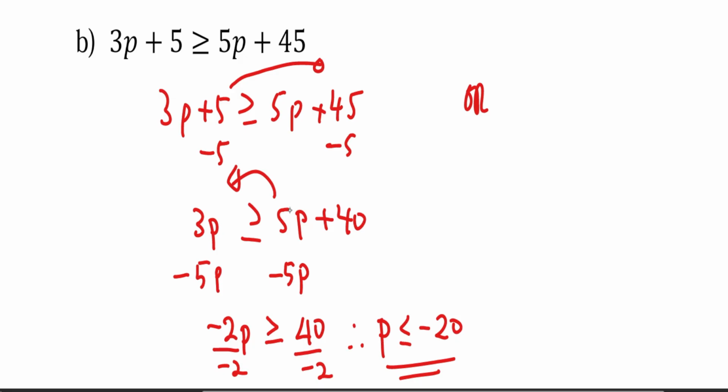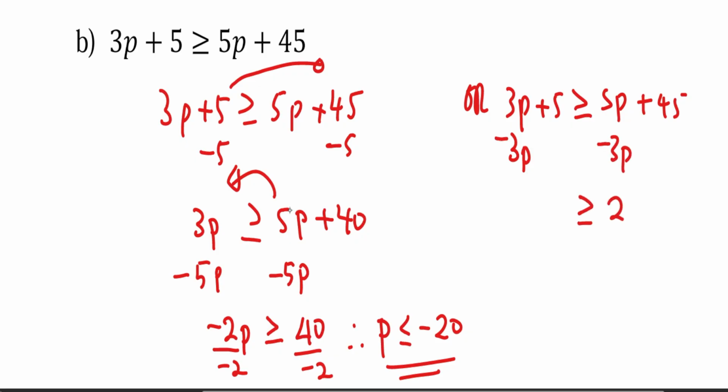What you can do here, especially with this type of question, is make sure that the p remains positive. So what I need to do is subtract 3p. My p is now a positive 2p plus 45, and this one is 5, sorry. Then put the 45 to that side, so subtract 45, which gives you negative 40 greater than or equal to 2p.